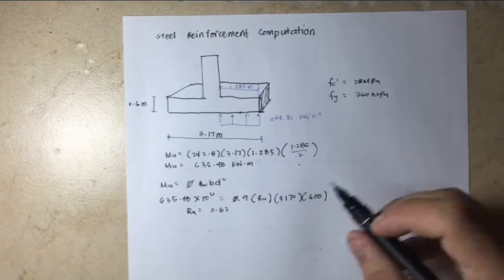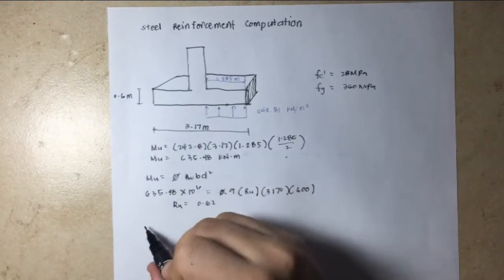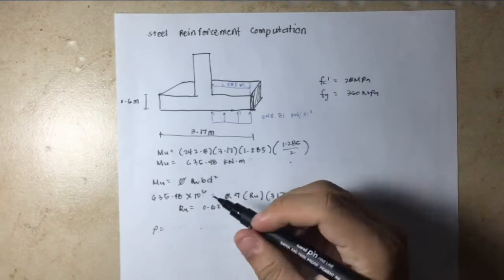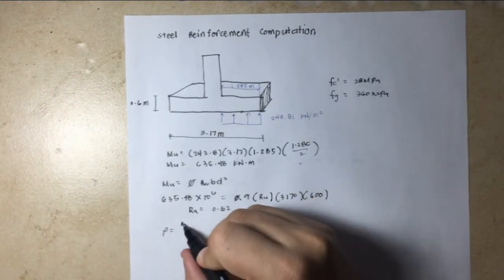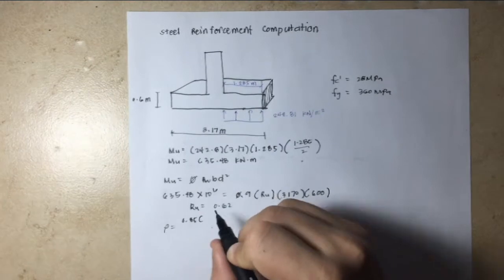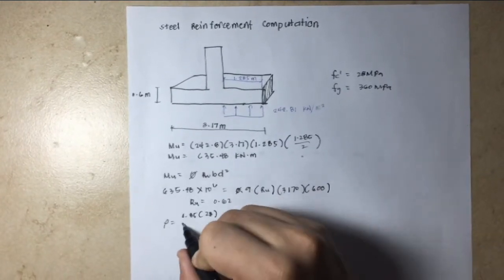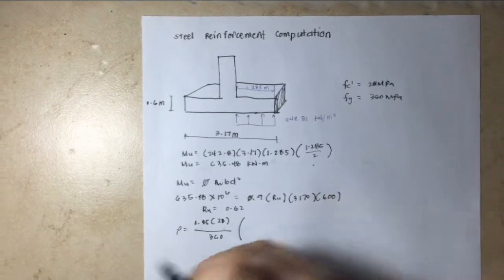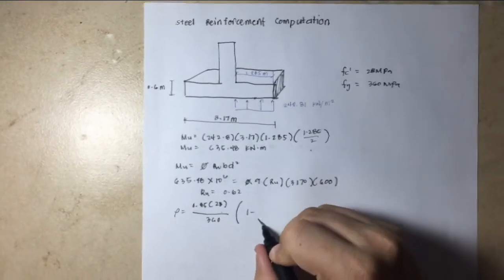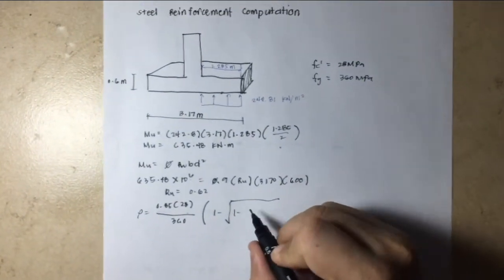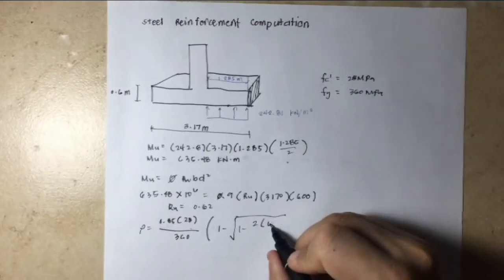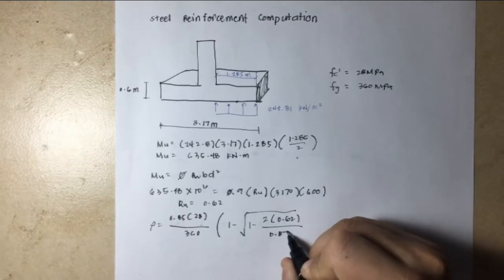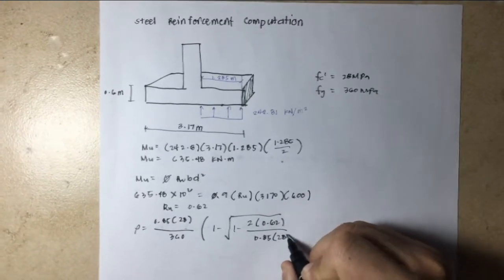After solving Ru, solve for the steel ratio. From the formula, rho is equal to 0.85 f'c, which is 28 megapascal, over fy, times the quantity 1 minus the square root of 1 minus 2 times Ru 0.62 over 0.85 times f'c.